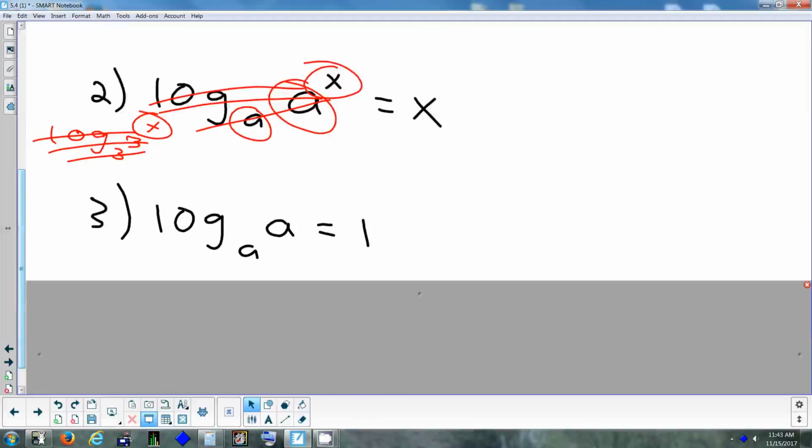Because what exponent is on the a right here, even though I didn't write it? Yeah, there's a 1 hidden right there, right? Even though we don't write it. Well, that's exactly what rule 2 is. This stuff cancels out, and the answer is whatever's left right there. So technically, those are really the same rule.